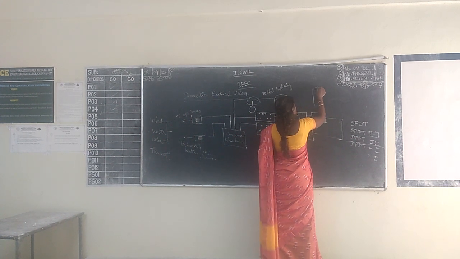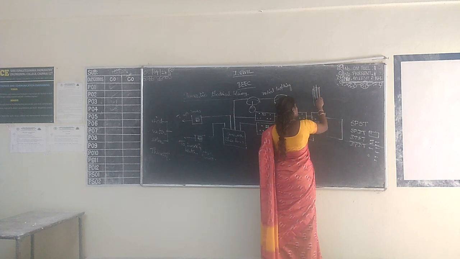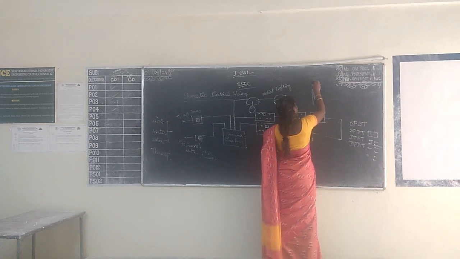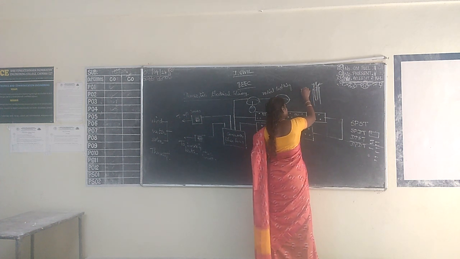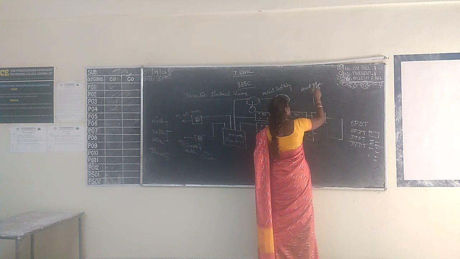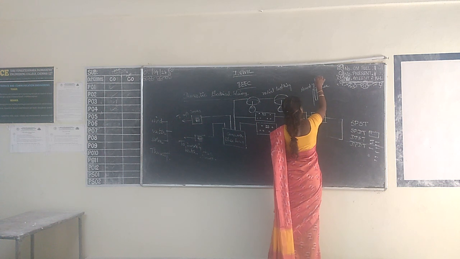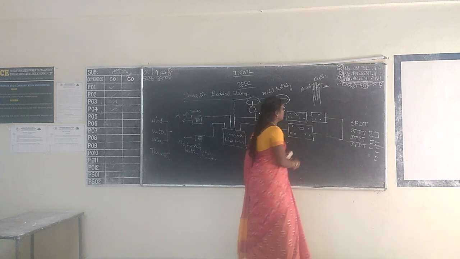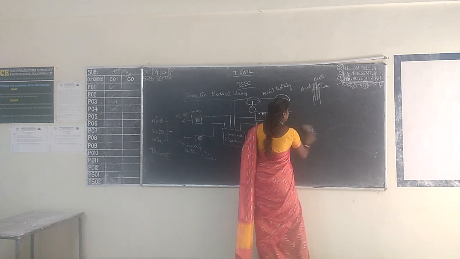Yes, very good. So here we will be drawing a set of 3 wires. What are the 3 sets of wires? One is neutral. Neutral, very good. Neutral, line, yeah. So here we are going to see a 3-wire system.